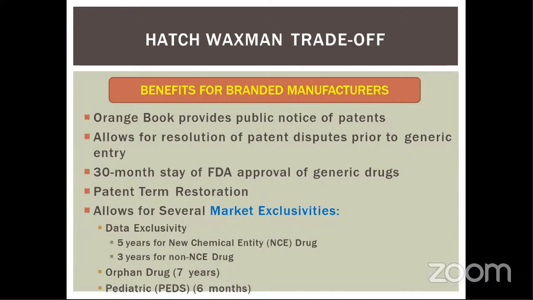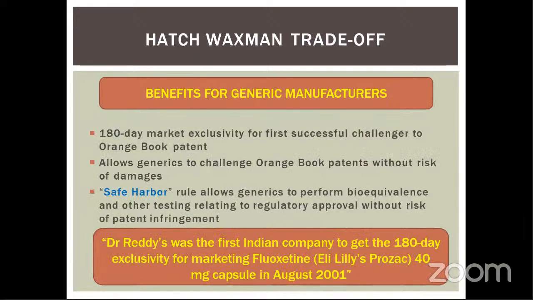And patent term restoration is possible. It also allows for several market exclusivities. For example, data exclusivity: 5 years for a new chemical entity drug and 3 years for a non-new chemical entity drug. For orphan drugs, market exclusivity is 7 years, and for pediatric products 6 months. So all these are the benefits for the branded manufacturer.